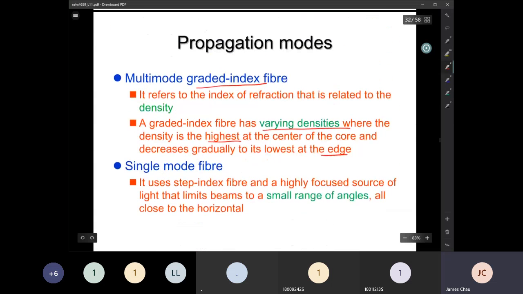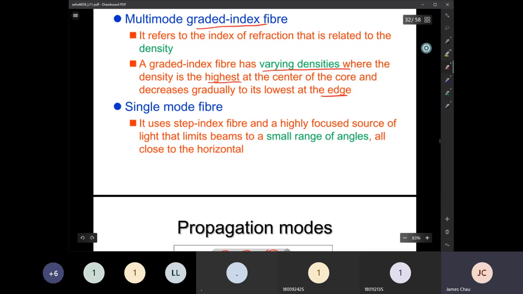And finally, we have the single mode fiber. It is using a single step. That means the density should be the same for the core. And the light is highly focused in the center of the core. It allows only a small range of angles during the transmission. Therefore, light is transmitted horizontally.